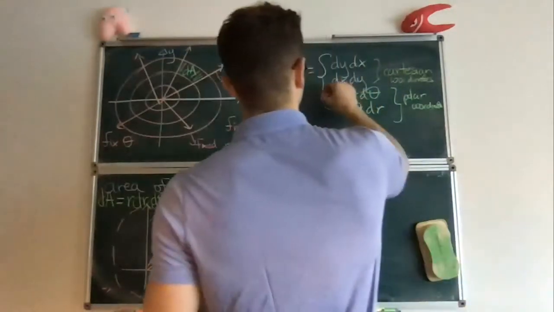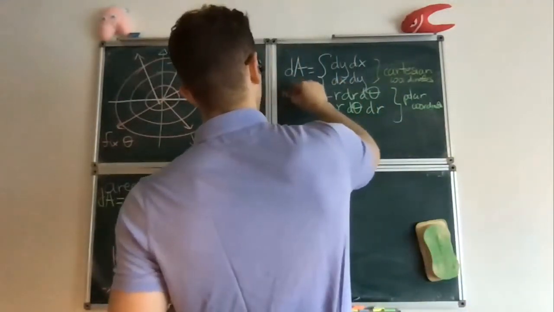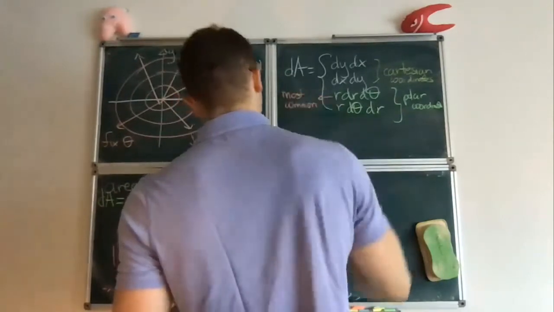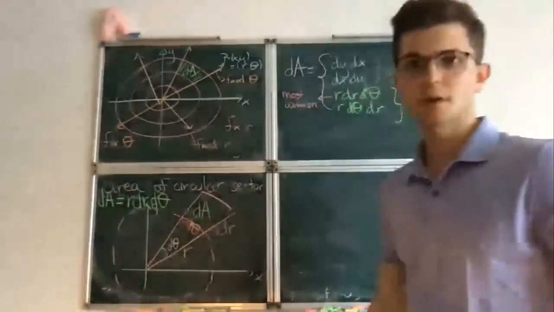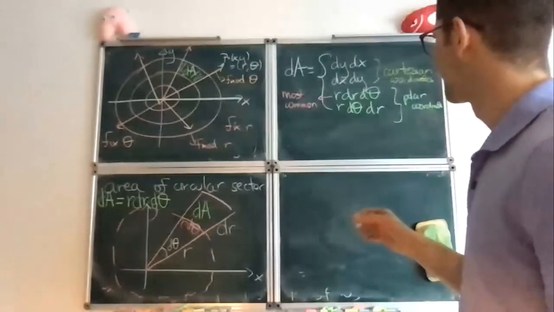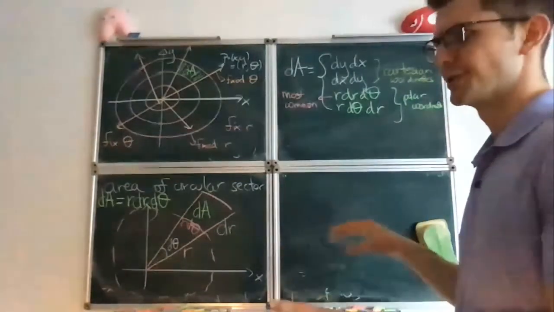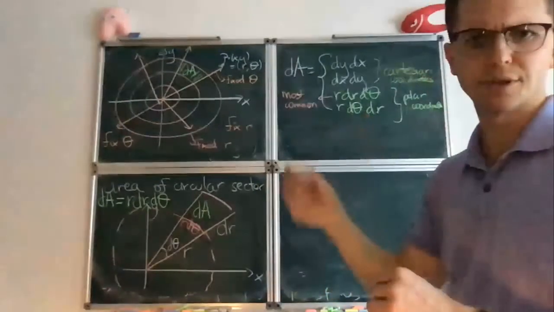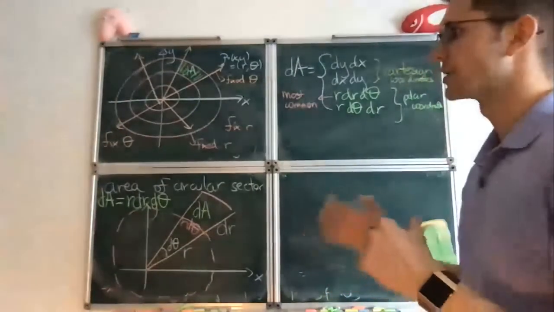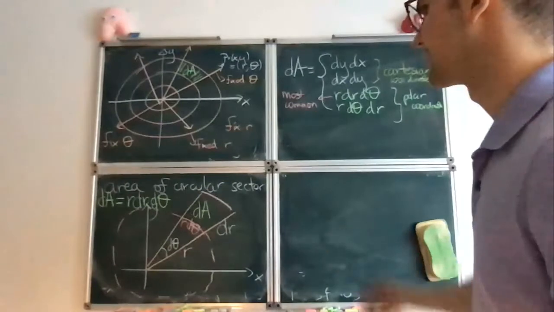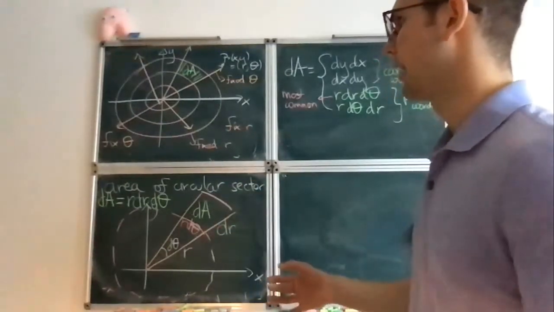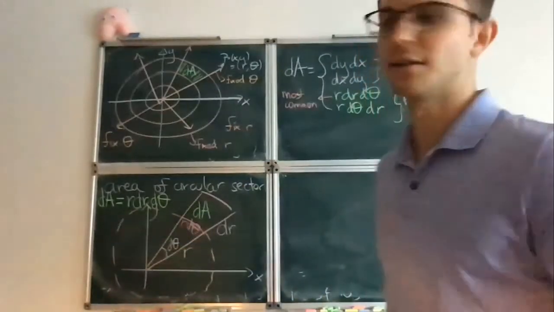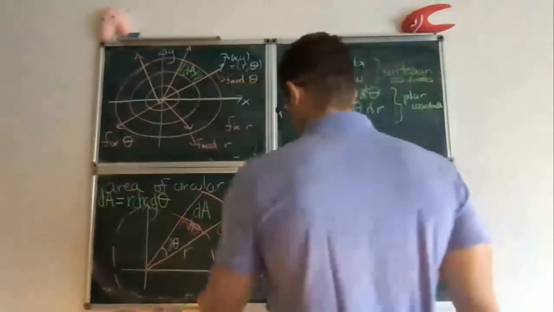So let's do an example just to see how this is supposed to work, and then I'll tell you about the story for cylindrical coordinates. It's essentially what we just did, but you just add the z-axis. Okay, so let's do an example here.